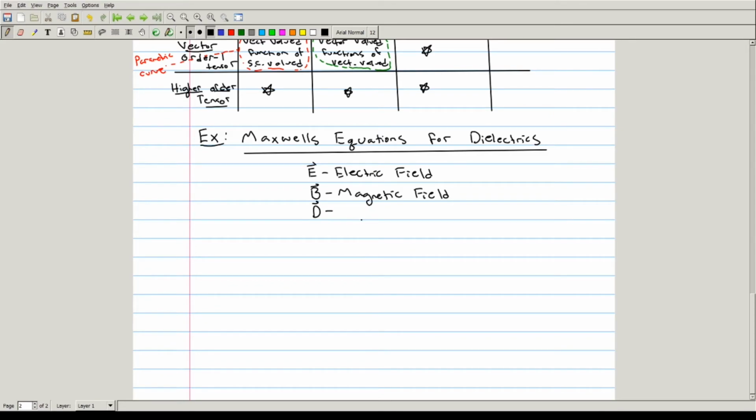It's called the electric displacement field. It's denoted as D, typically. And it's called the magnetization field.